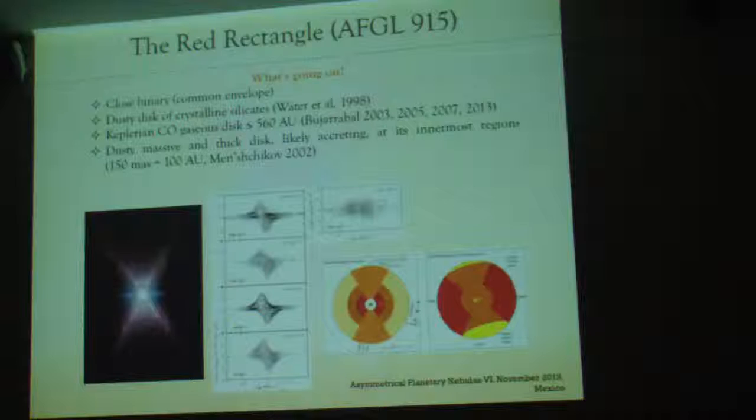It has been found the first Keplerian CO gaseous disk, and it has been proposed by means of radiative transfer dust modeling that it has a dusty, massive, and thick disk, likely operating at its innermost regions, but it has never been observed.